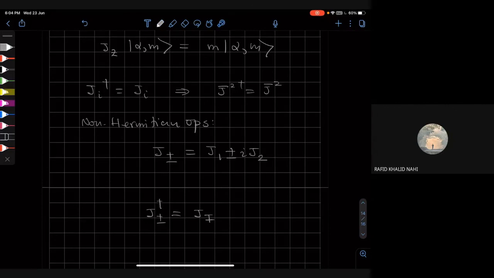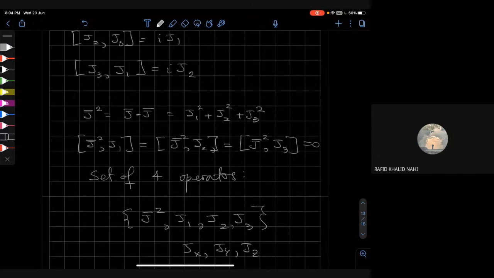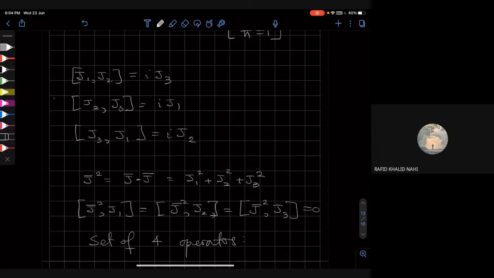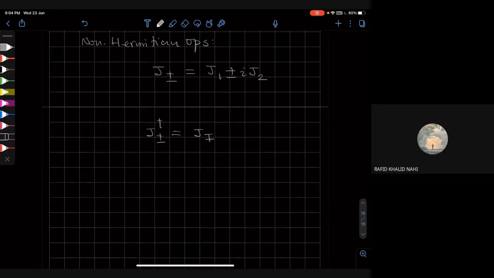So now we can recast the angular momentum algebra that we wrote over here in terms of J plus, J minus, and J3. The commutator of J3 with J plus just gives me J plus.